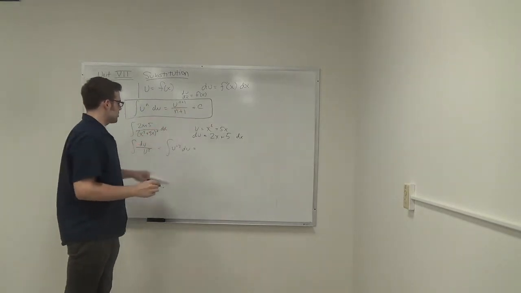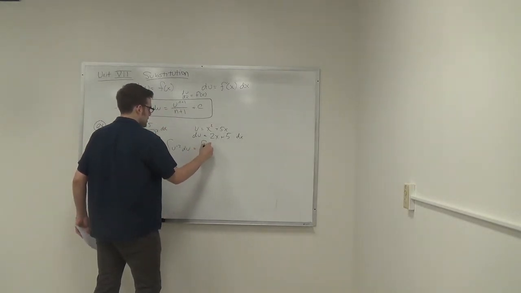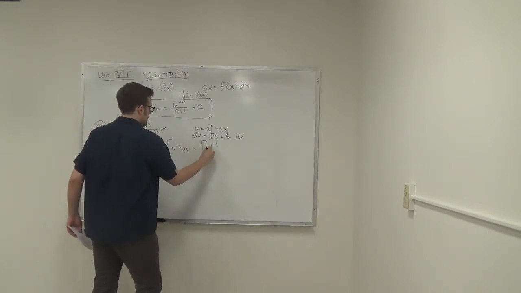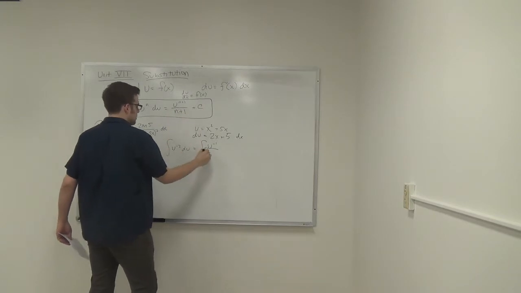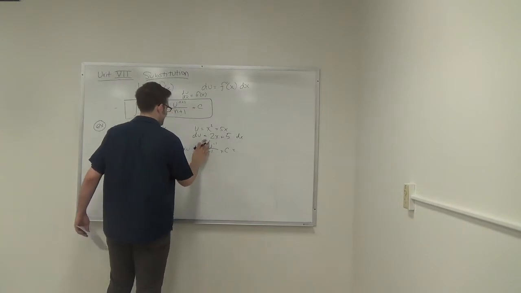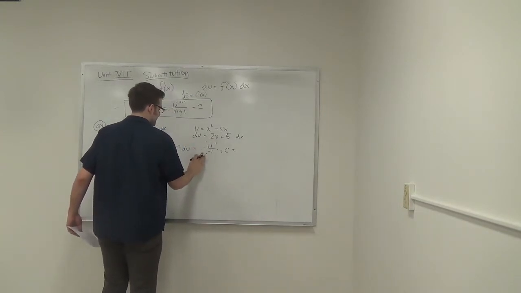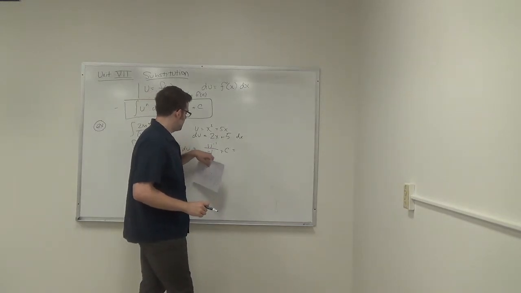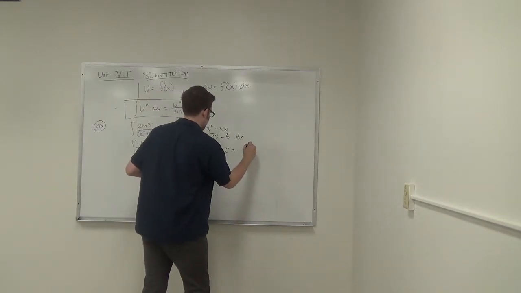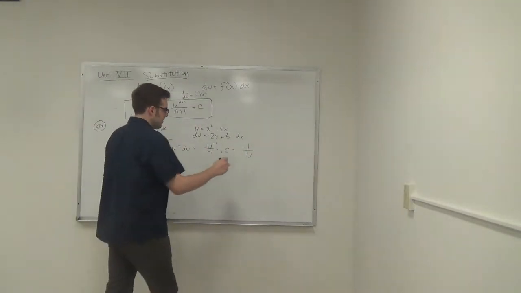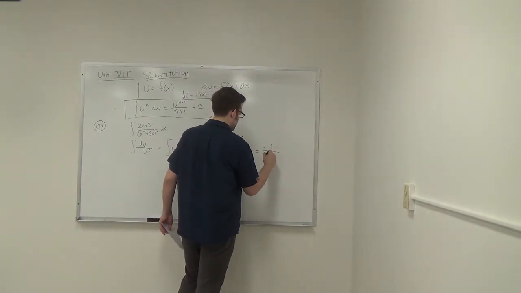So minus 2 plus 1 is u to the minus 1 divided by minus 2 plus 1, which is minus 1, plus c, which is negative 1 over u. u is x squared plus 5x, so it equals negative 1 over x squared plus 5x.